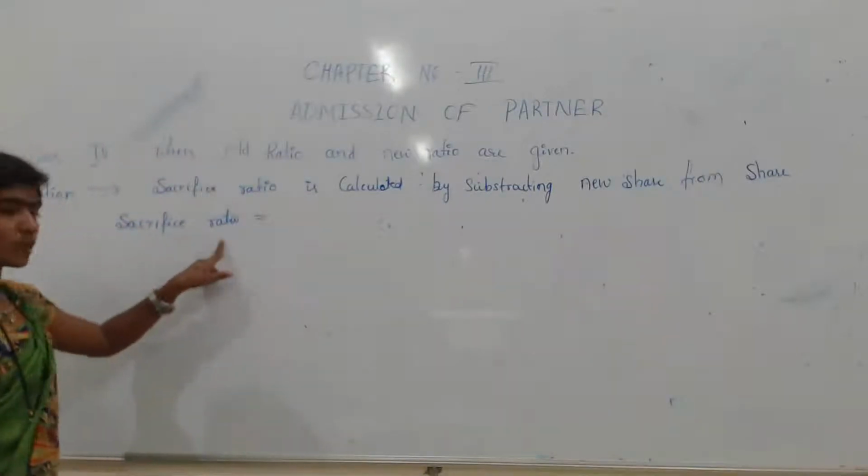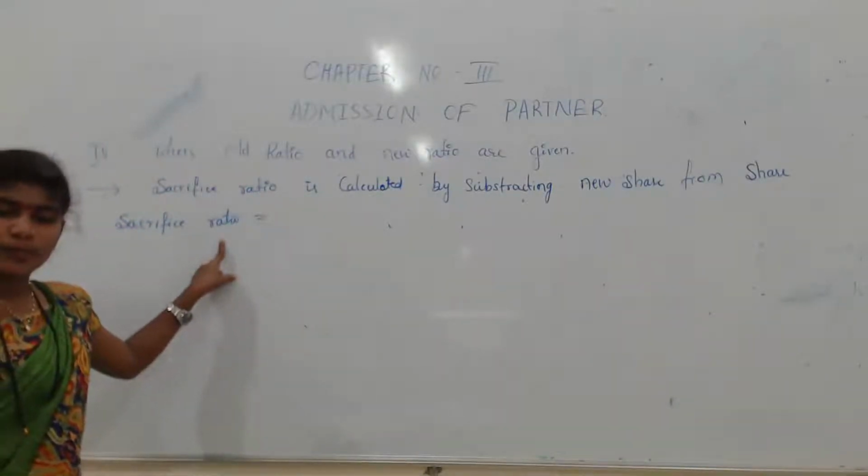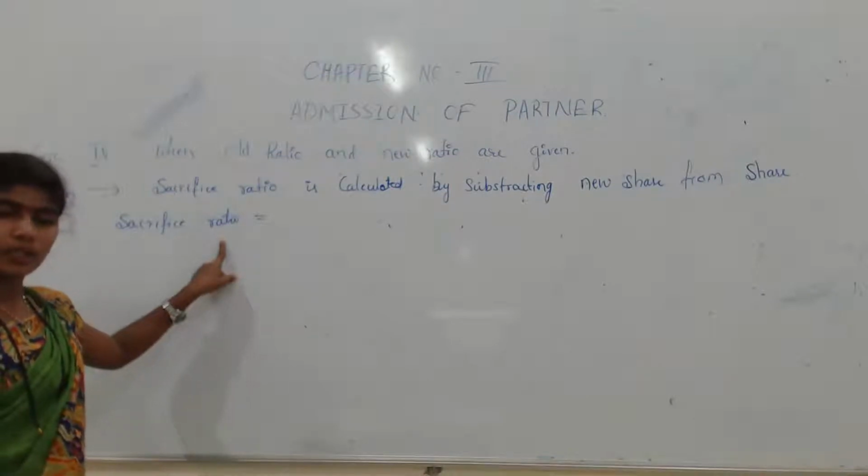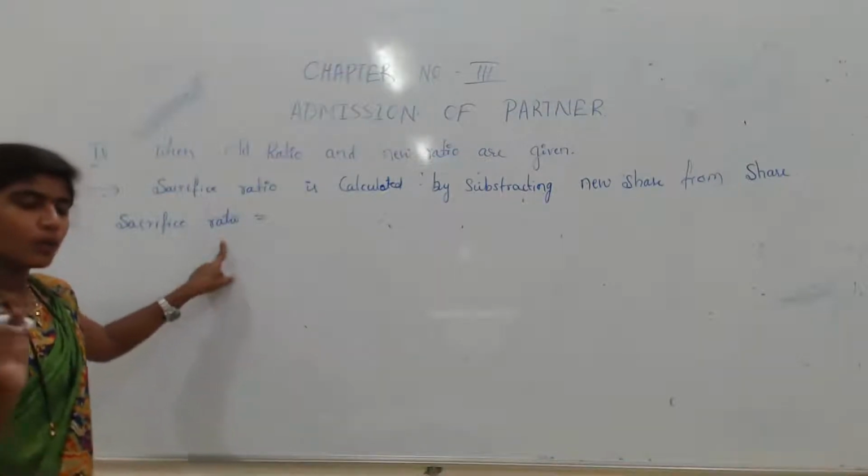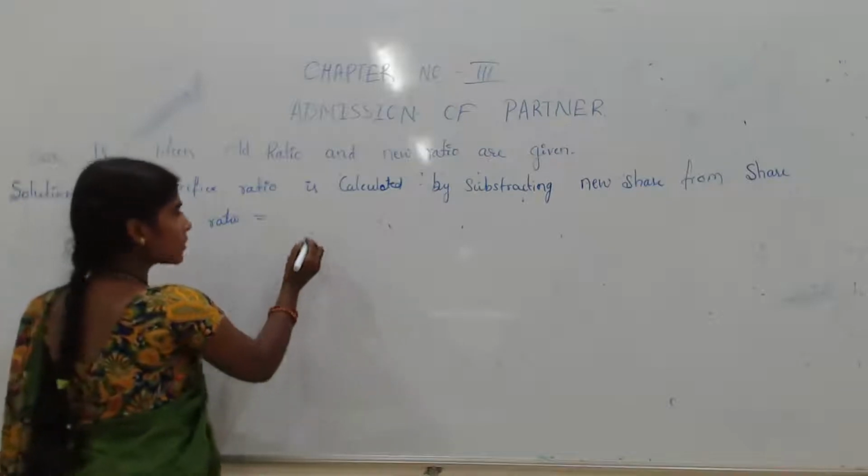So, sacrifice ratio is equal to, what is the formula? Sacrifice ratio is equal to old share minus new share.